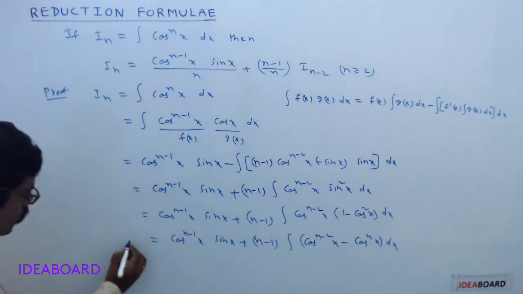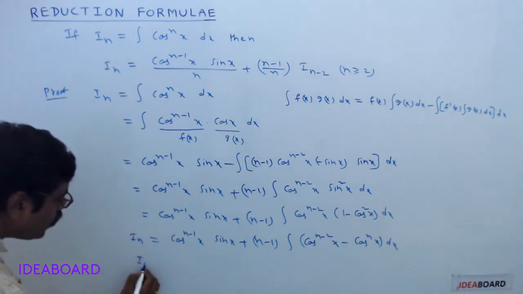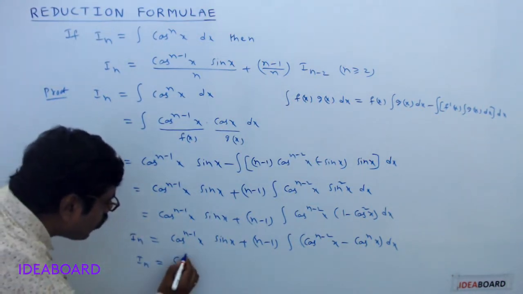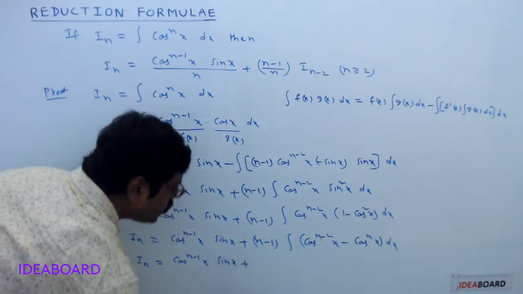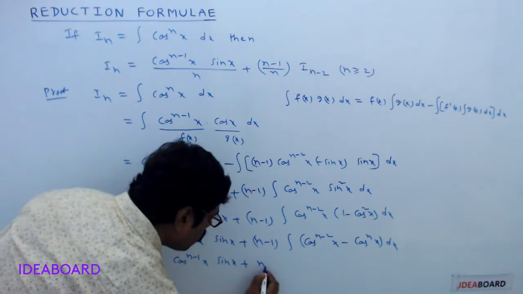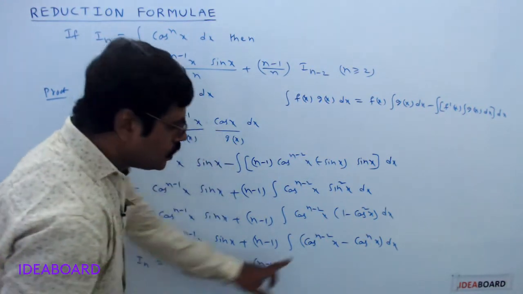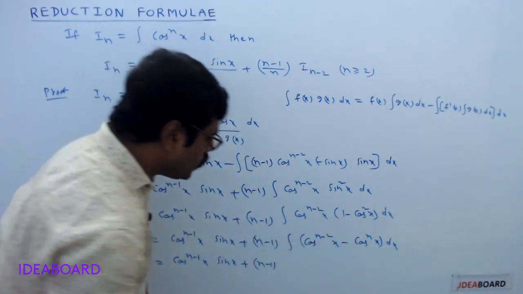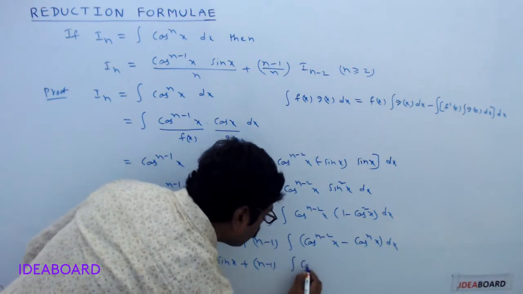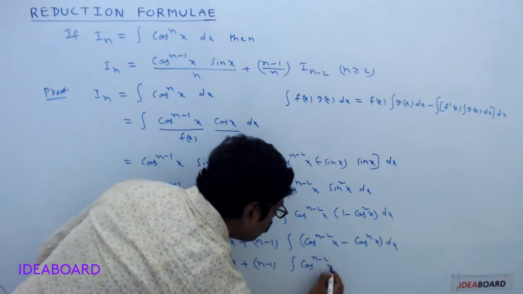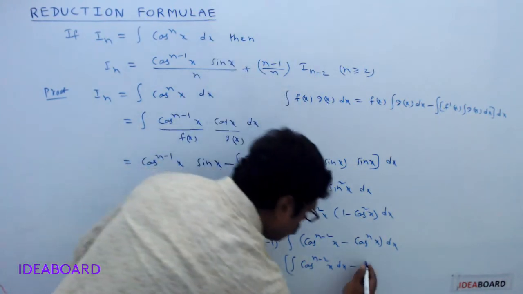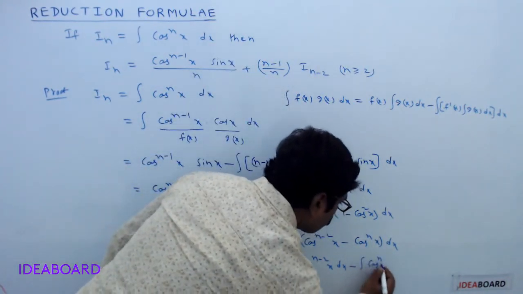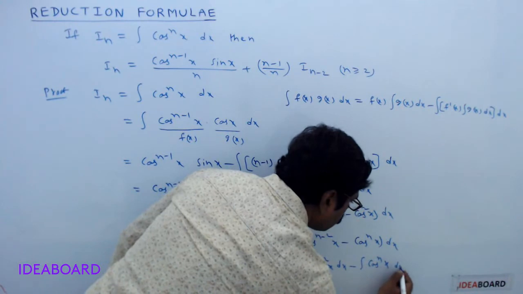Now what is the LHS value? In equals cos power n minus 1 x into sin x plus n minus 1 into, separating these two terms with integration, integral cos power n minus 2 x dx minus integral cos power n x dx.